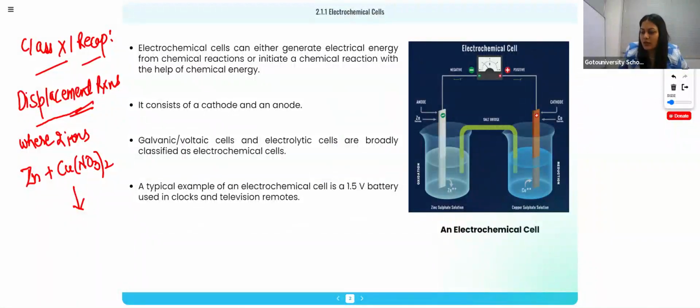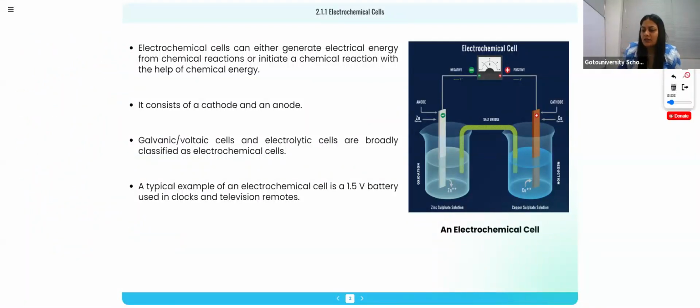The ion that is more reactive takes the place of the ion that is less reactive, okay? This will form zinc nitrate with copper, by pushing out the other ion, right? So these we have studied in class 11th, right?